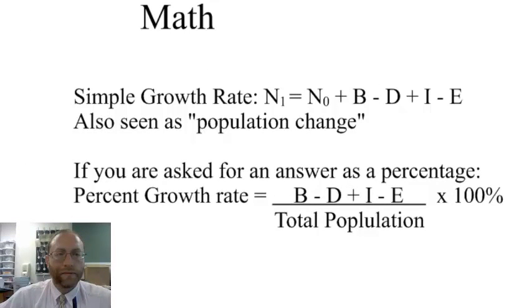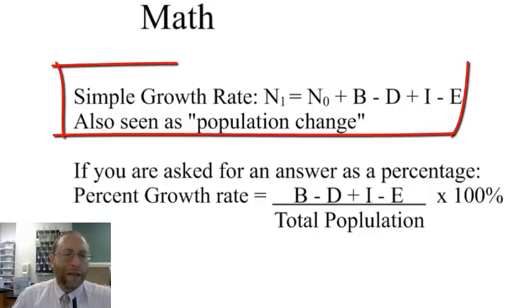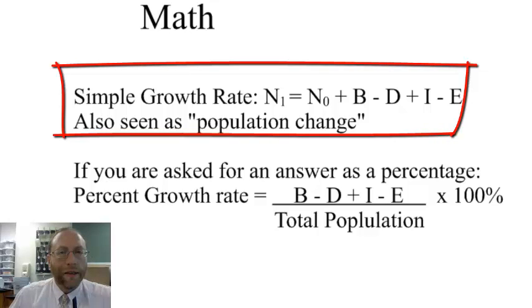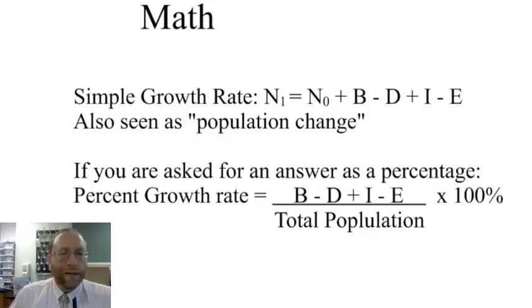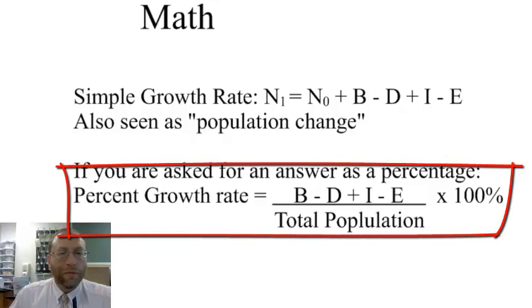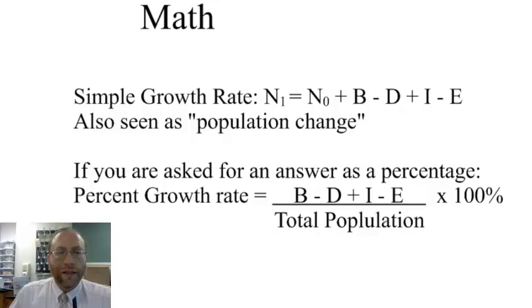Sorry, but we have to come to math. We ran into some of this math, this equation right here, simple growth rate, in the last chapter, so I'm not going to go too much into it, but we have here a variation of that, and that's percent growth rate, and that's just birth rate minus death rate plus immigration minus emigration divided by the total population times 100%.